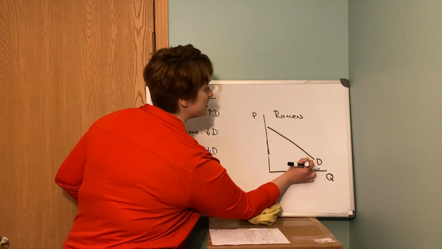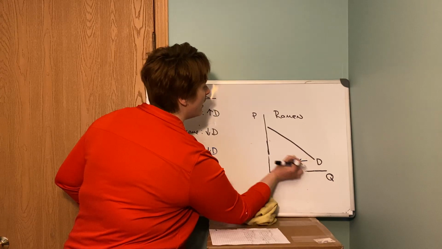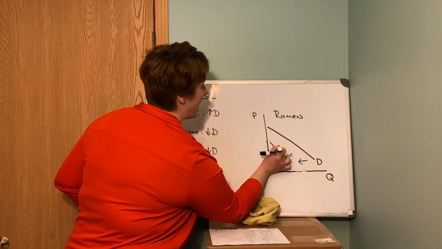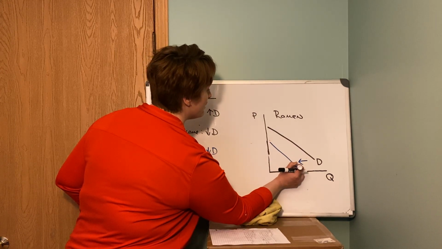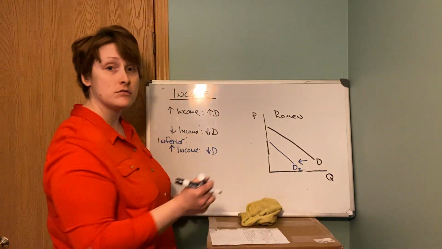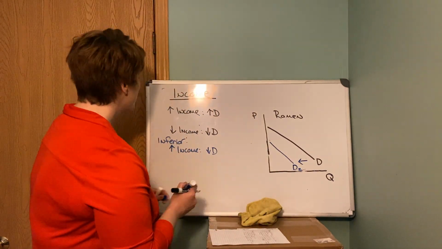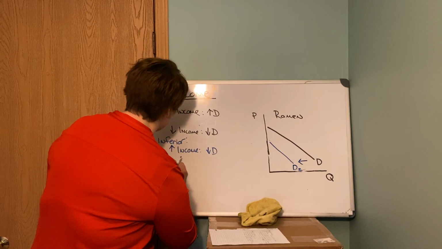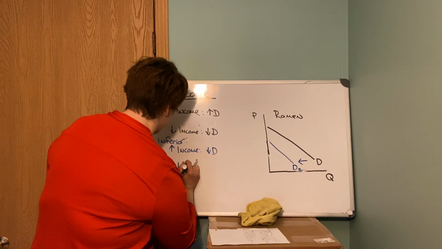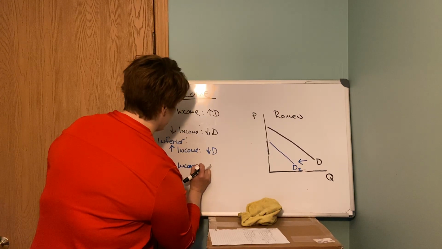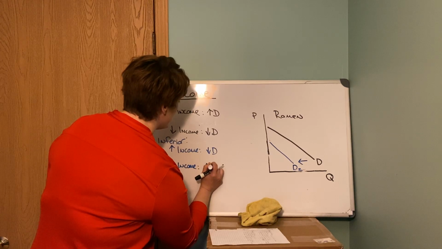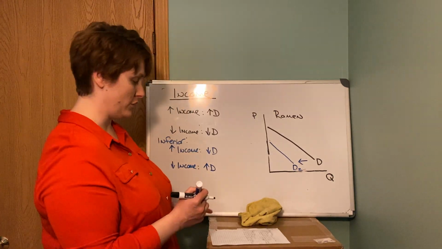So as income goes up, demand for an inferior good is going to go down. And when income goes down, demand will go up for an inferior good.